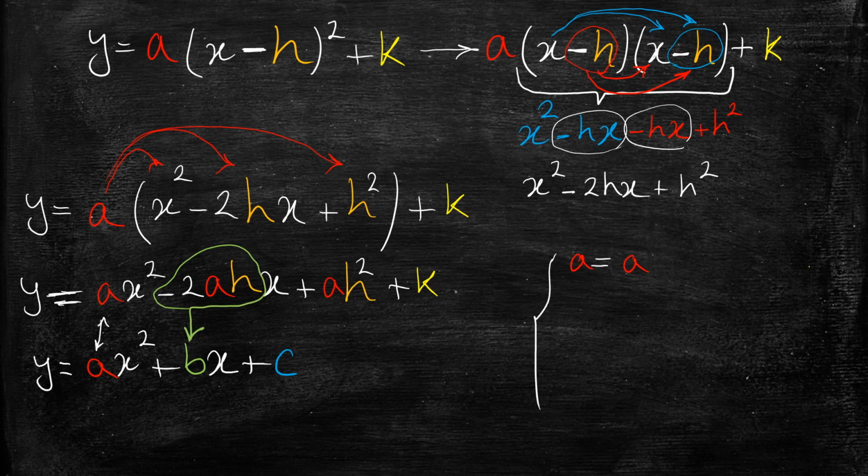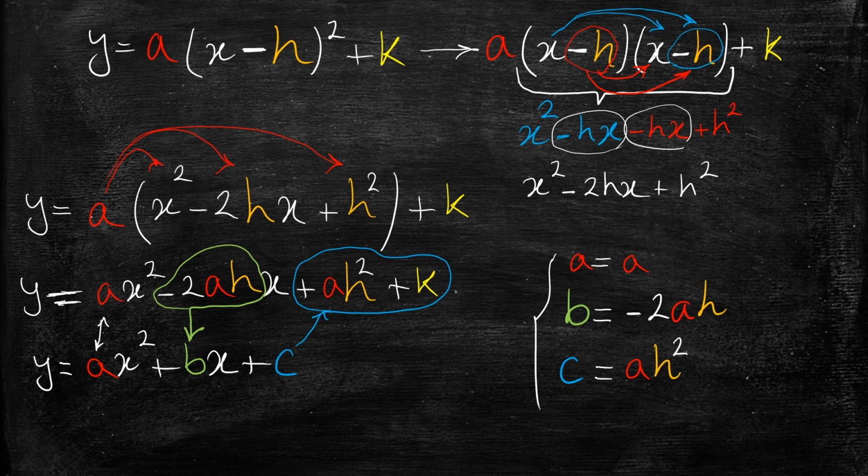So I can write B equals minus 2a times h, and C equals, C is the lone number, there's no unknown, neither x nor y. So C is this entire thing. C equals a h squared plus k. Nice. So we learned how to go from vertex form to general form.